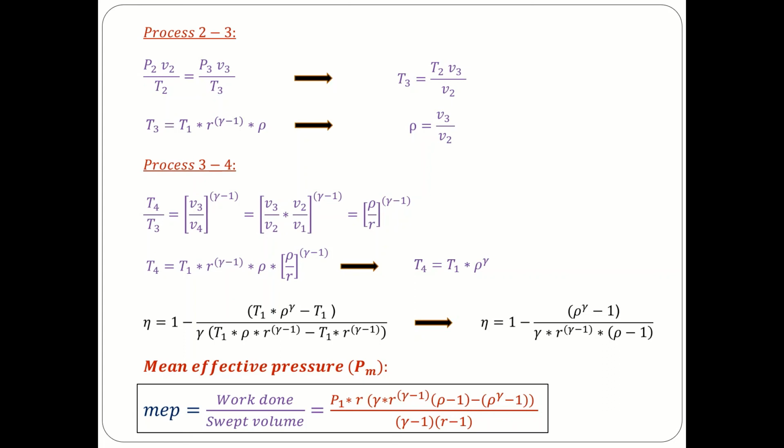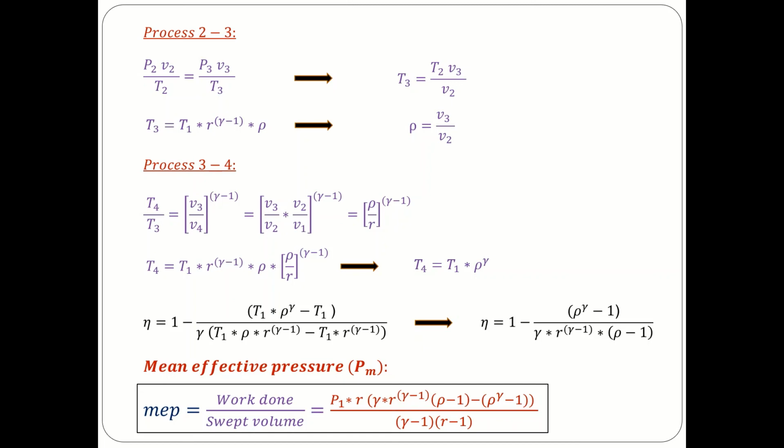Similarly, for process 3-4, since it is an isentropic expansion process, again using the gas law, I can write T4 by T3 as V3 by V4 raised to gamma minus 1. I will divide and multiply both V3 and V4 by V2.